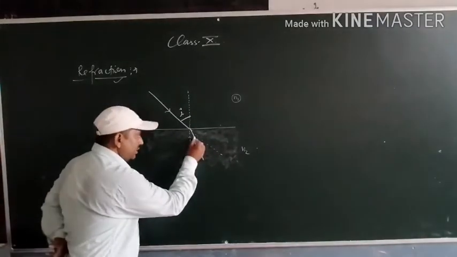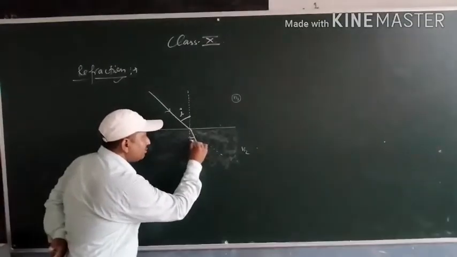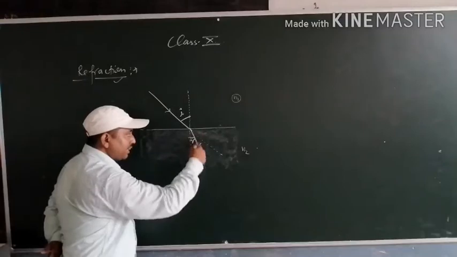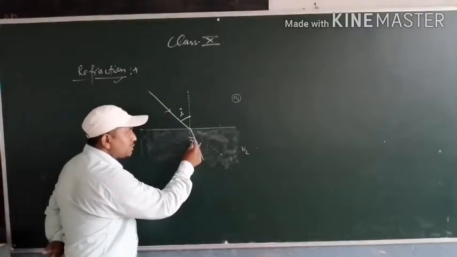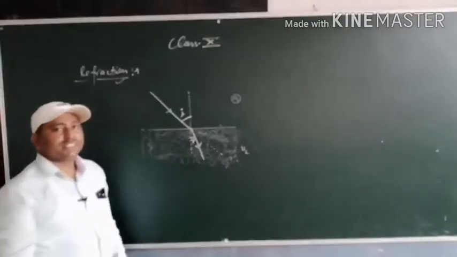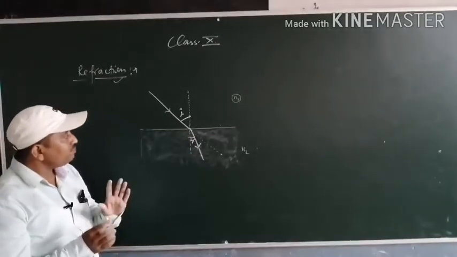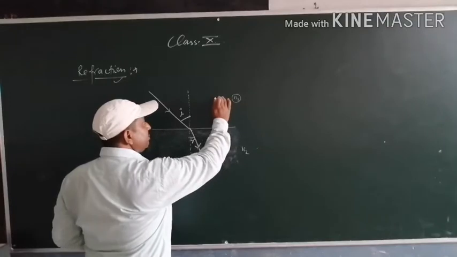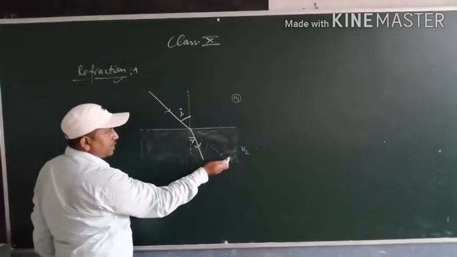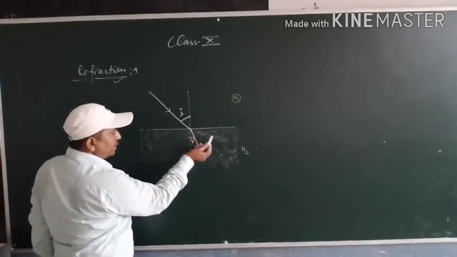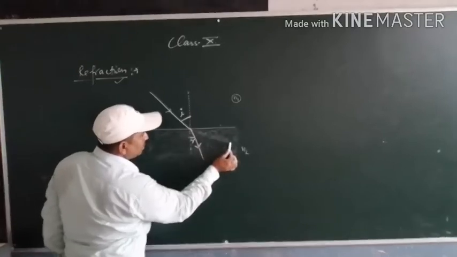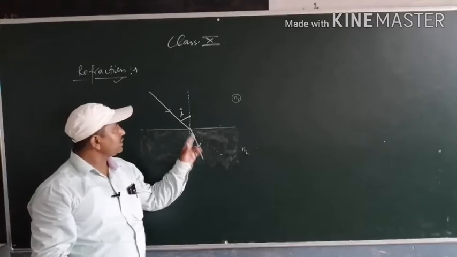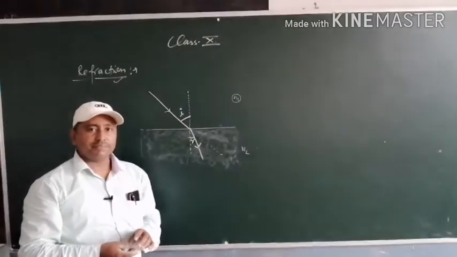In this transition, the angle of refraction, that is the angle made between the normal and the refracted ray, is smaller than the angle of incidence. But if light goes from a denser medium to a rarer medium, then after refraction the light goes away from the normal and the angle of refraction becomes larger than the angle of incidence.